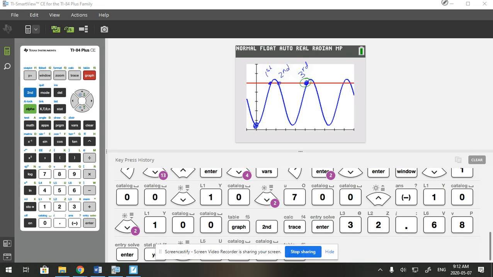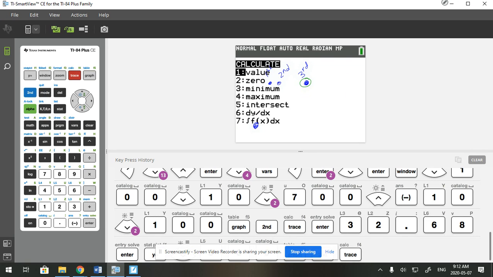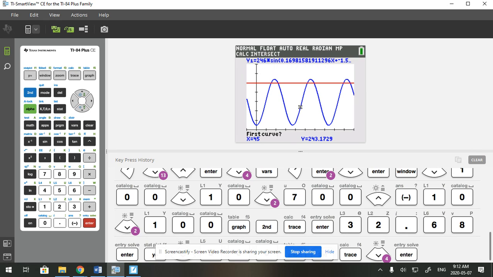So now I'm going to go into second calc, and I want to find that third intersection. I'm going to go down to number 5 where it says intersect. And we're going to say first curve, second curve, yes. And now you have to make a guess. This is the one I want, the third time it hits 500.